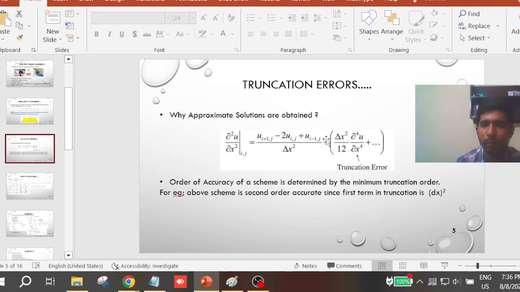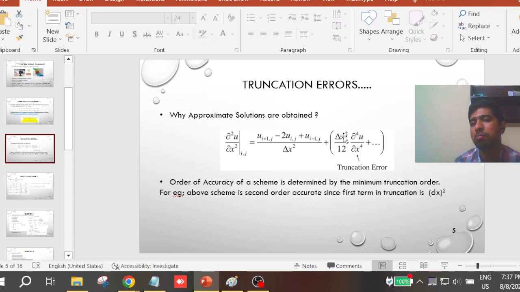So how can it be a decimal? In which situation can it be a decimal? This delta x raised to some decimal has to come. I don't think in any of the cases you will get delta x raised to something decimal.